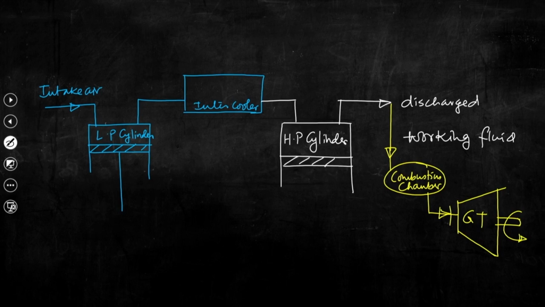Right. So, a case would have been like this: we are taking intake air to the low pressure cylinder, then we are taking that compressed air to this intercooler.